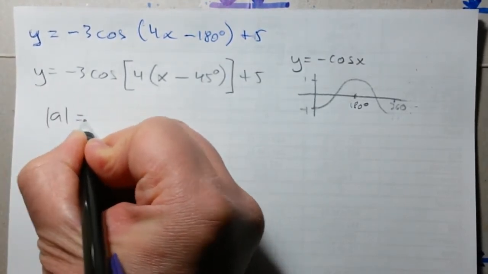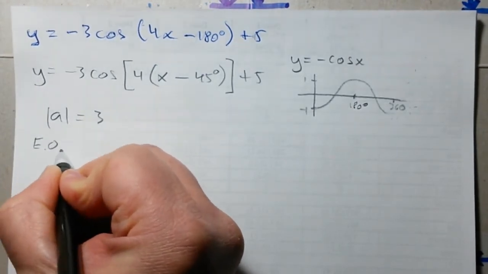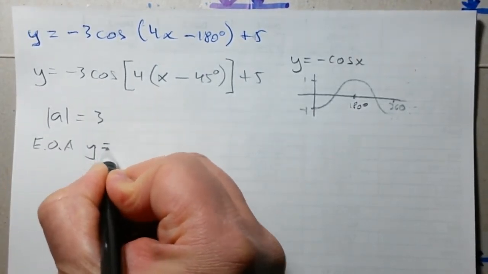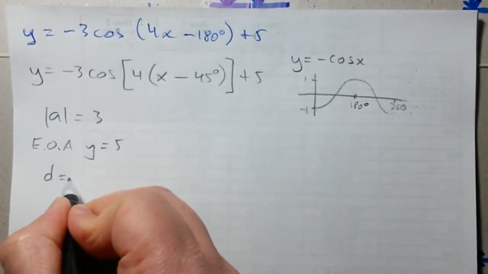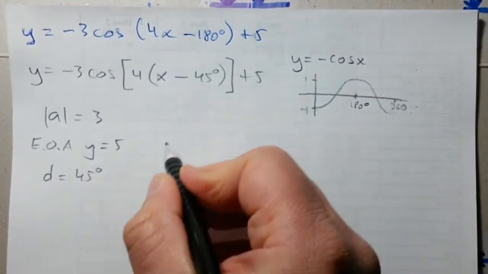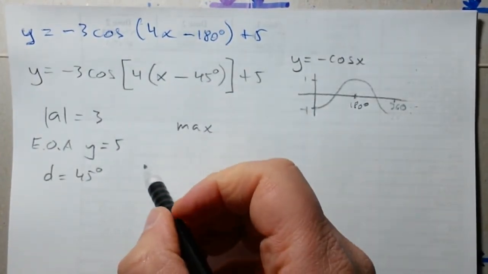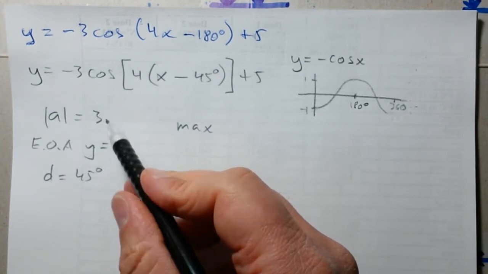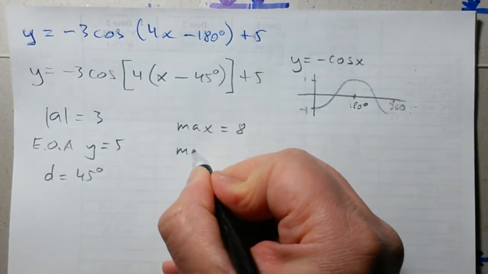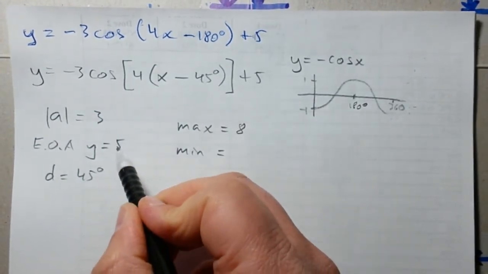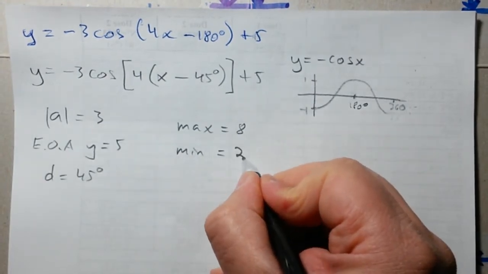So the amplitude a is equal to 3. The equation of axes is y equals 5. We know that the value of d is 45 degrees, shifting 45 degrees to the right. We know that the maximum value will be c plus the absolute value of a, which is 8. And the minimum value will be c minus a, which will be 2.